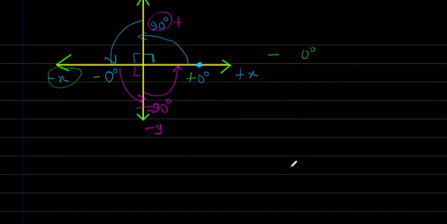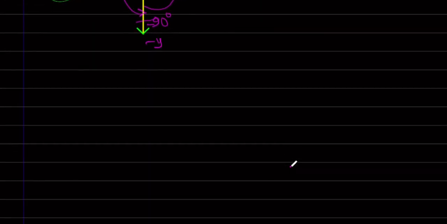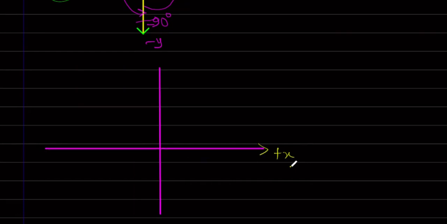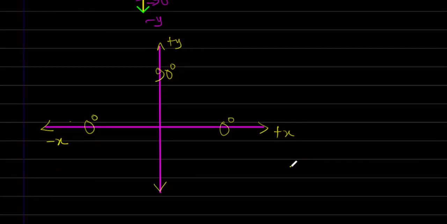So basically what we are trying to say here is that working with 90 degree, on the positive x-axis, the angle there is 0 degree. On the positive y-axis, the angle there is 90 degree. Then on the negative x-axis, the angle there is 0 degree, but it's negative 0 degree because it's on the negative x-axis, while the angle for the negative y-axis is also 90 degree, but it is negative 90 degree because it's located on the negative y-axis.